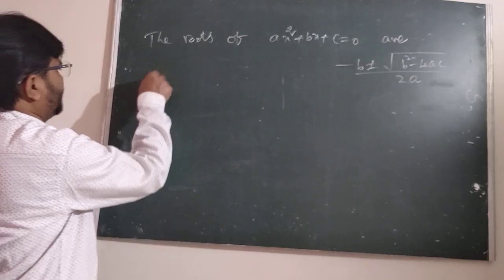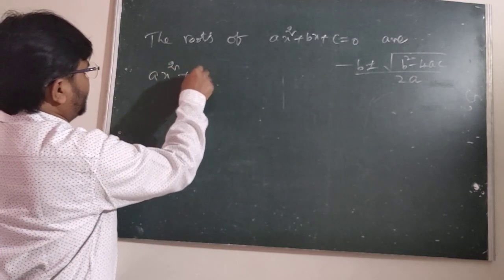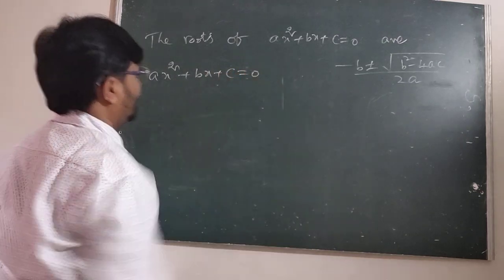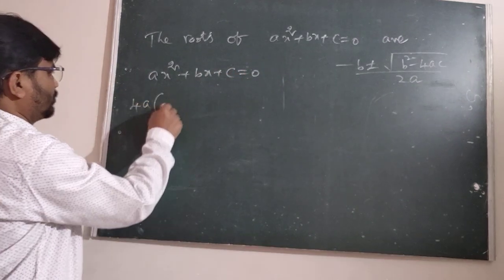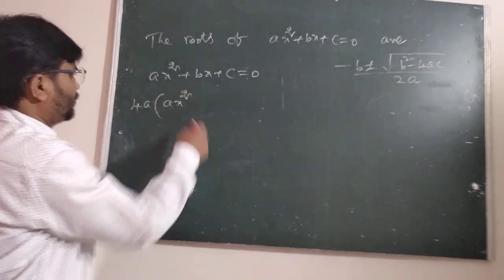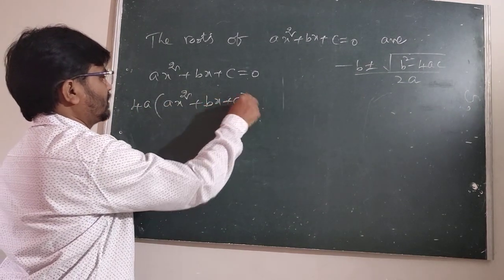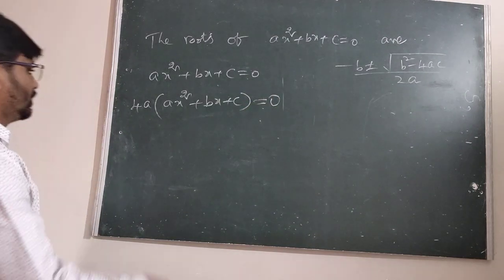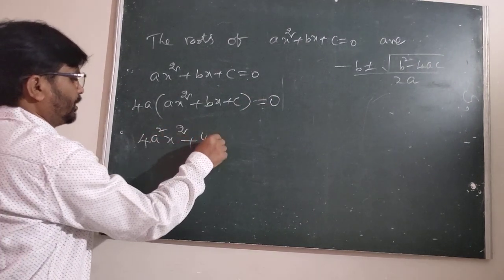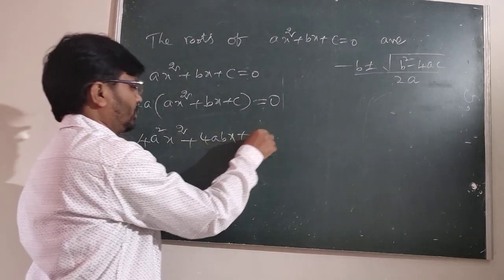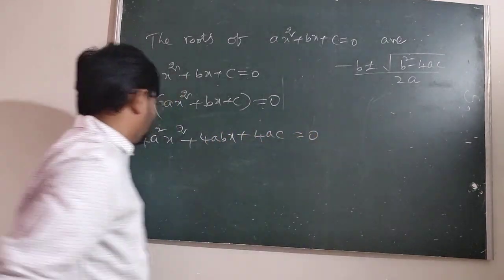Here the given equation is ax square plus bx plus c equal to 0. Now multiply by 4a on both sides. 4a into ax square plus bx plus c equal to 0. Then it will be 4a square x square plus 4ab into x plus 4ac equal to 0.